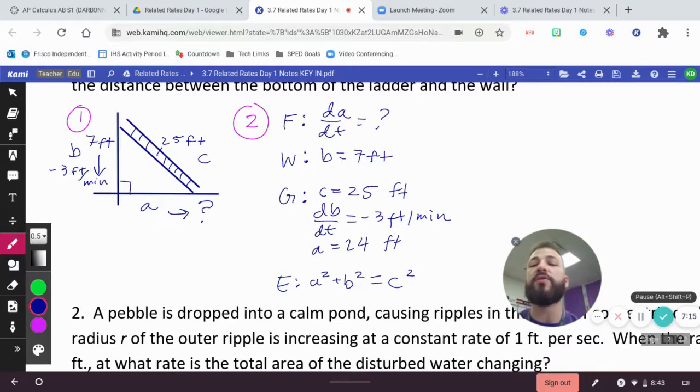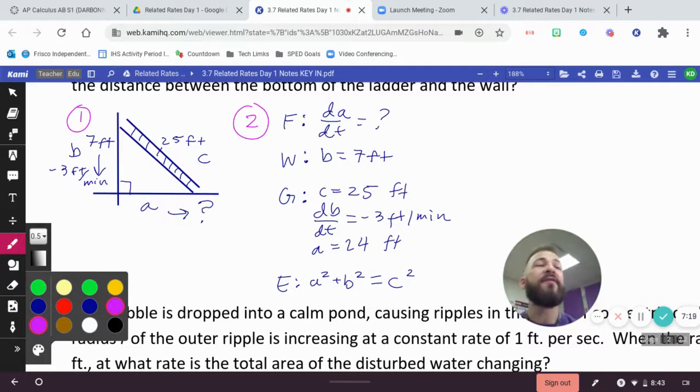So before I derive it in step 3, I can plug in for C because C is not a variable that's changing, which means I don't want to get a dC dt because there's no change in C. I don't want a rate of change of C because that doesn't exist. So for step 3, we have our equation, A squared plus B squared equals 25 squared.